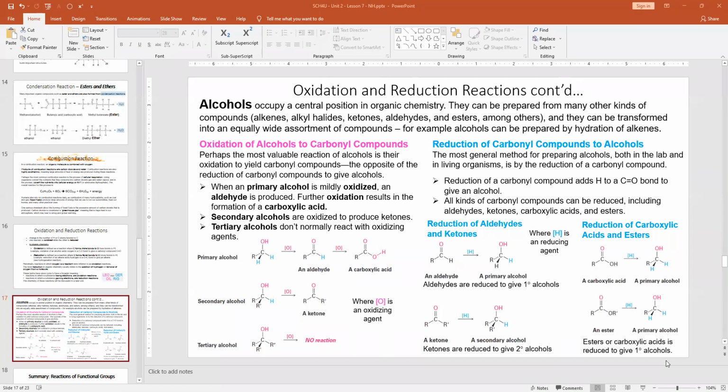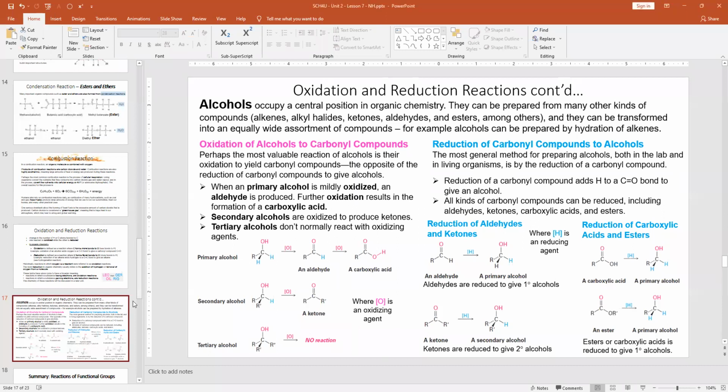So they can be used as a method of preparing alcohols, or alcohol can be used as your reactant to prepare other molecules such as aldehydes, ketones, and carboxylic acid. Or you can take those aldehydes, ketones, carboxylic acids, and esters and, through a reducing agent, produce primary alcohols.